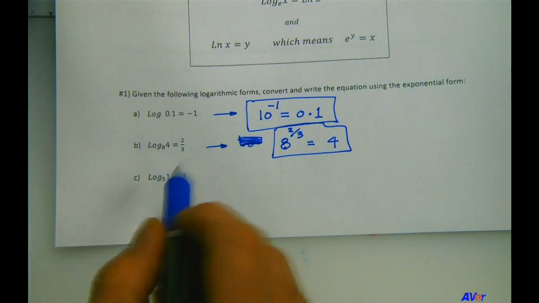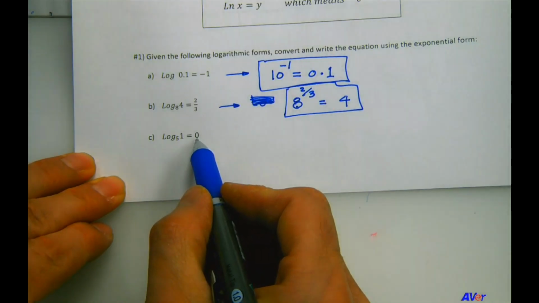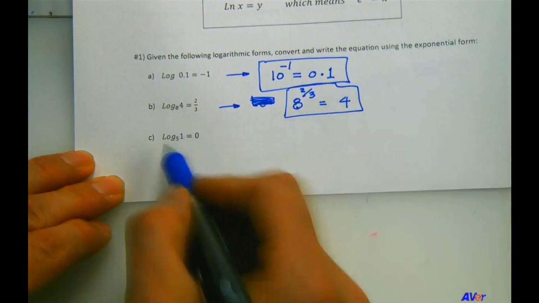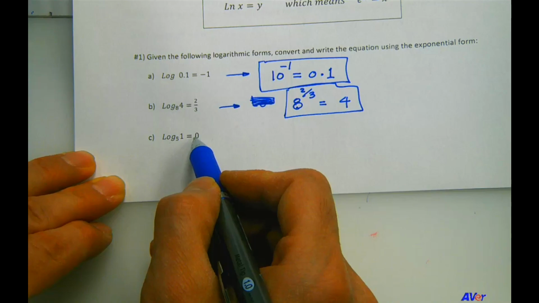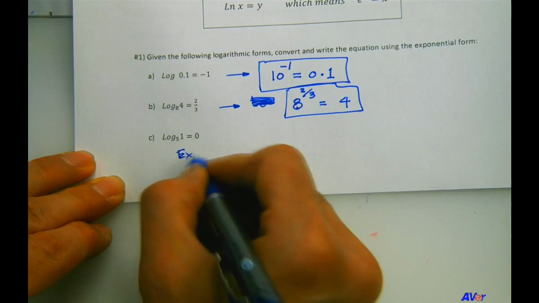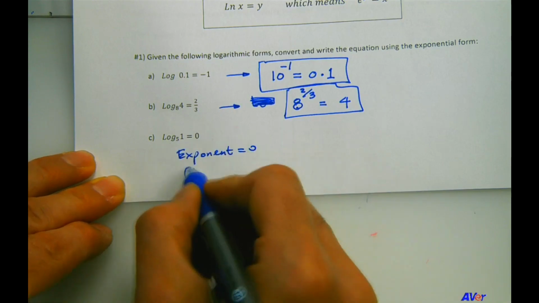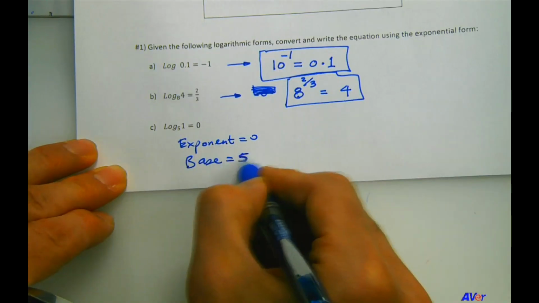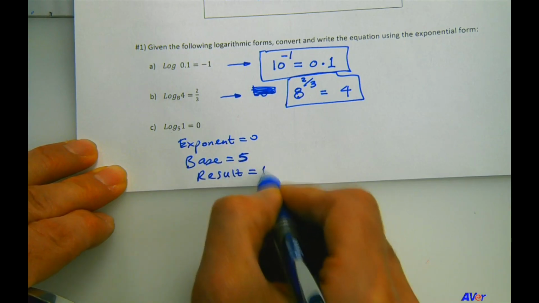Okay, so then we have this case where the 0 must be what? Do you remember? The 0 must be an exponent, right? Log functions and natural log functions generate an exponent. So this 0 is an exponent. The base is equal to 5, and the result is equal to 1.